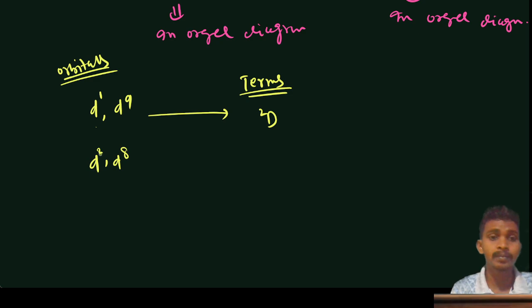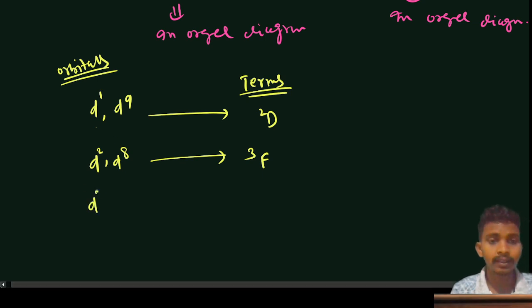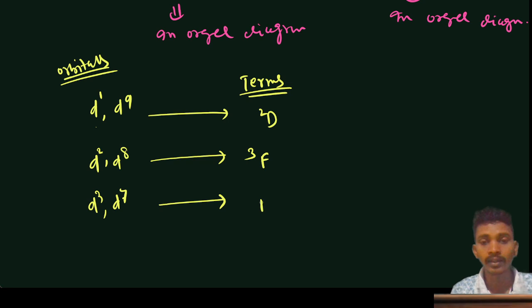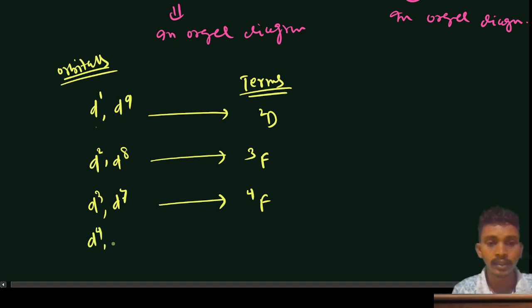Similarly d2, d8, 2 plus 8, that is 10. For this type of d orbitals, any complexes it has, then the terms are always F and 3. And if it is d3 and d7, 3 plus 7, that is 10, then that is again F, that is 4. And if it's d4 and d6, then the term is again D, and that is again 5.